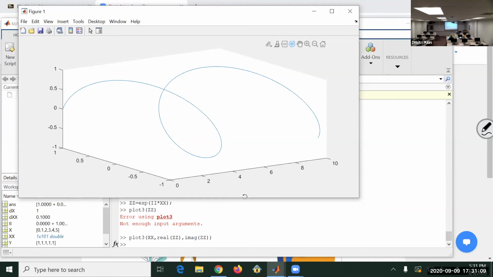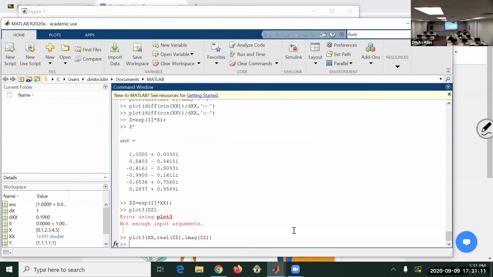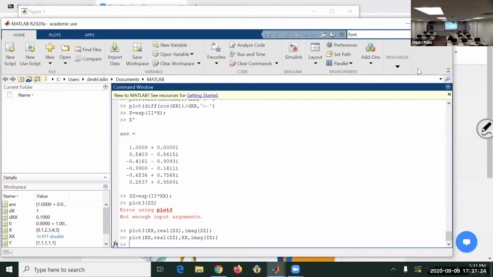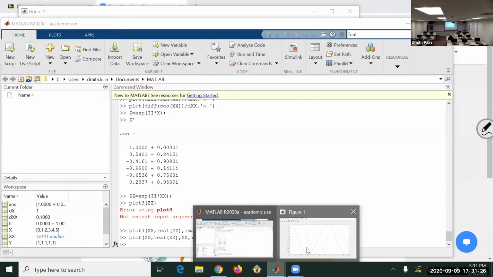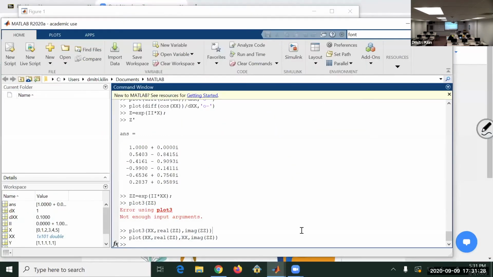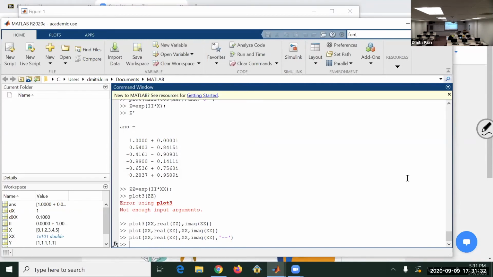One can look on the real and imaginary parts separately. Just remove this 3, just plot x. So that we know where is what, dashes.